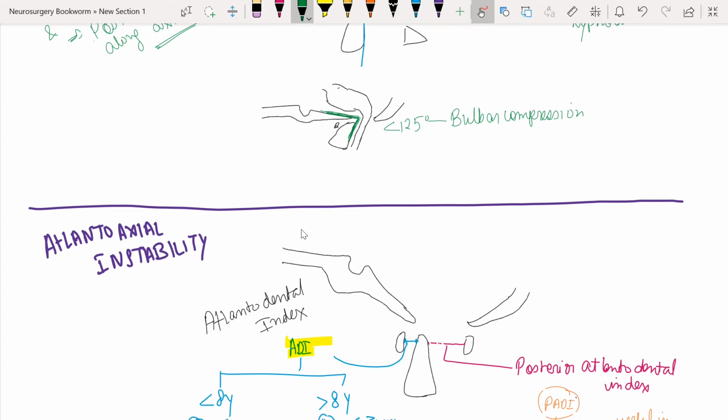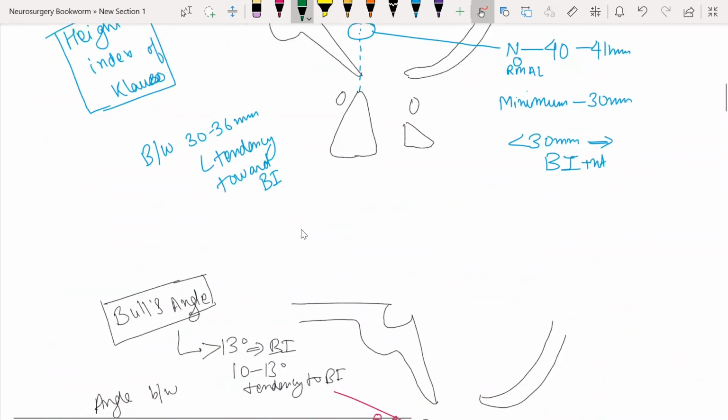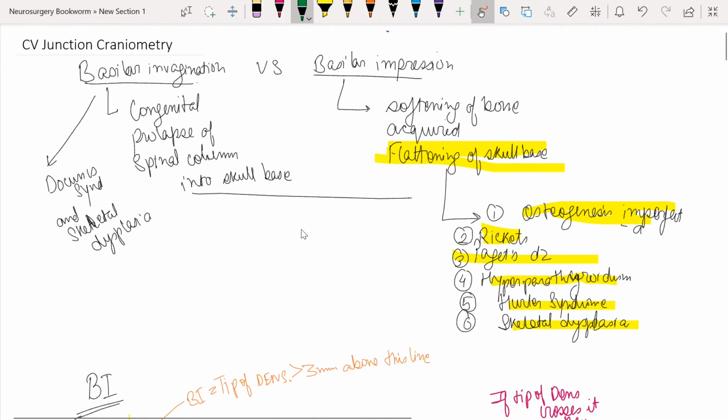What I have done in this video is to find the values which are given in most of the books, and if there is any controversy about the values, I have presented that here. There can be slight variation in these values, but the basic concept of these lines is what I have told. Hope it will help you in your further studies and improve your understanding of these lines. Thank you.